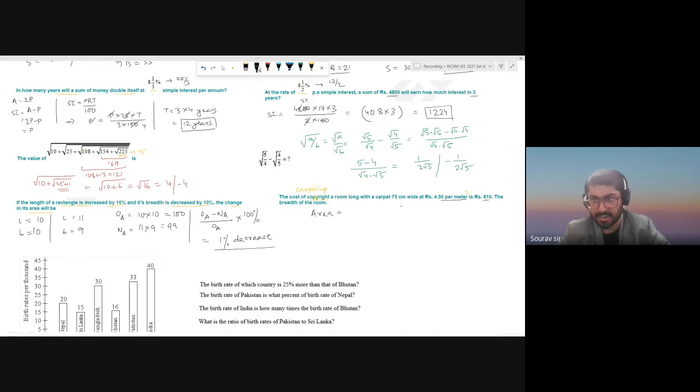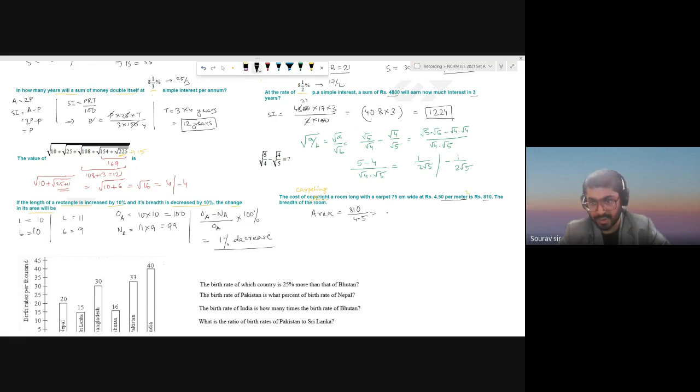Yeah, that's correct. So the area would be 810 by 4.5 meters square, right? Because the total amount is 810 and we have rupees 4.5 per meter square. That's 8100 by 45. So this is how much? Let's check the calculations.